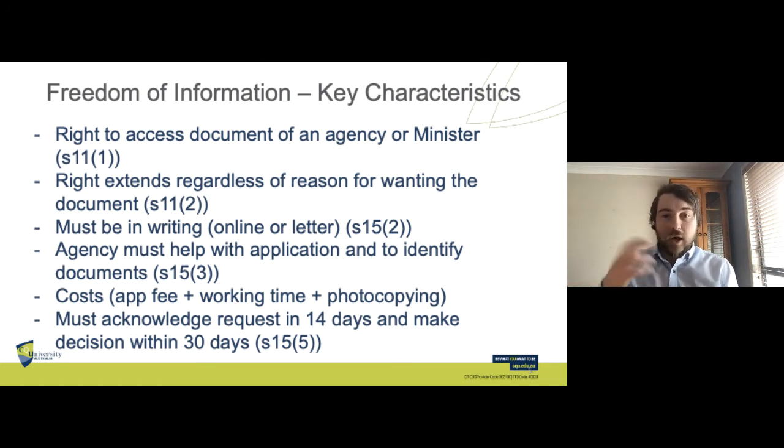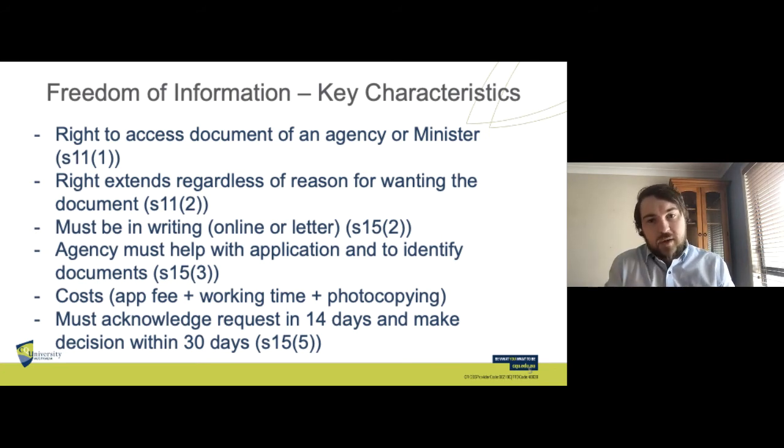And so the onus is on the agency to actually be upfront with the applicant and say, look, you didn't ask for this survey, but it's pretty relevant to these reports that you were asking for. Did you want that as well? So this comes back to that underlying principle of openness and transparency. There really is a lot of mechanisms within the Freedom of Information Act to push agencies to be open and transparent. And this requirement that the agency help with the application is part of that.